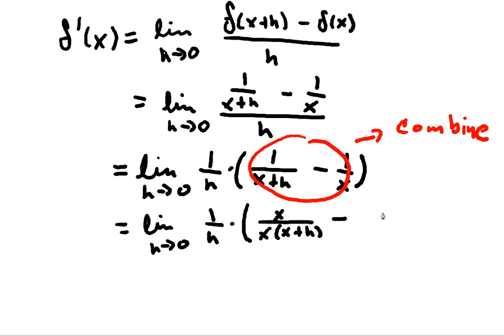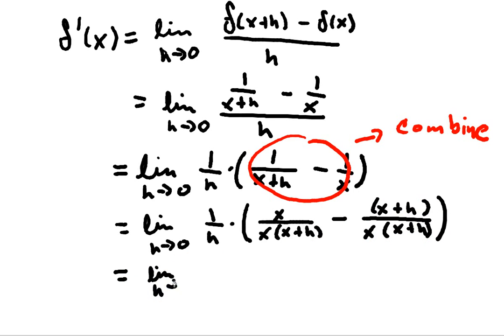So what we get here then is x over x times x plus h, minus x plus h over x times x plus h.